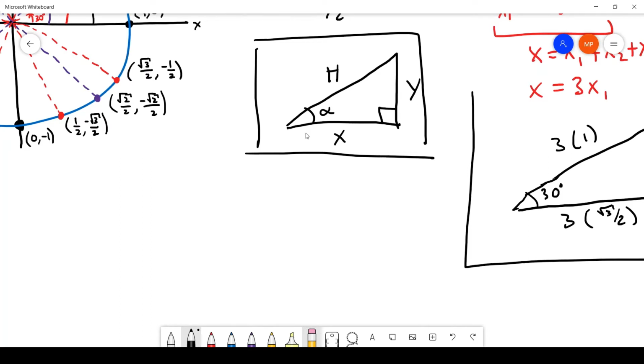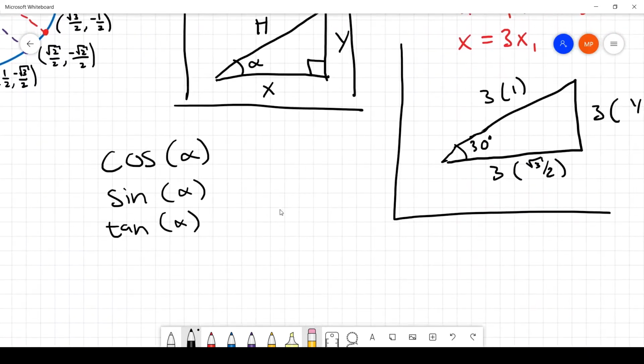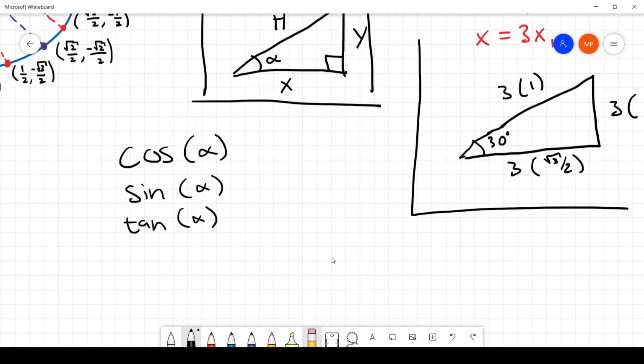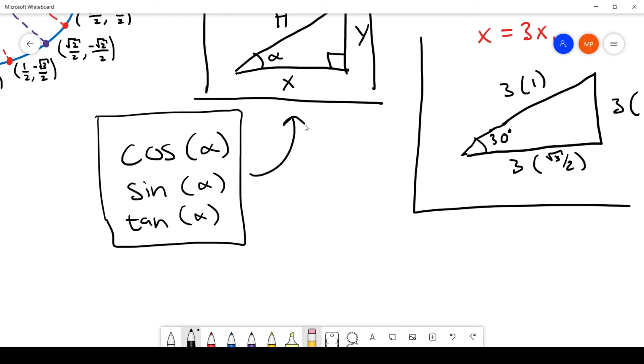Given this triangle here, we may need to figure out what cosine of alpha is. May need to figure out what sine of alpha is, and we may also need to figure out what tangent of alpha is. And so there are going to be 2 ways of remembering what these values are equal to in terms of our picture up here.